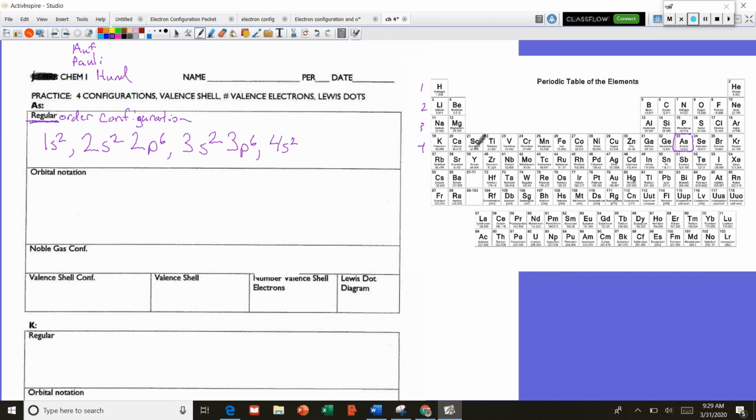So we go all the way through D, D1, D2, D3, D4, D5, D6, D7, D8, D9, D10. So we're going to say 3d10. All right. Now we are to the P section here. So P1, P2, P3. So this would be 4p3.